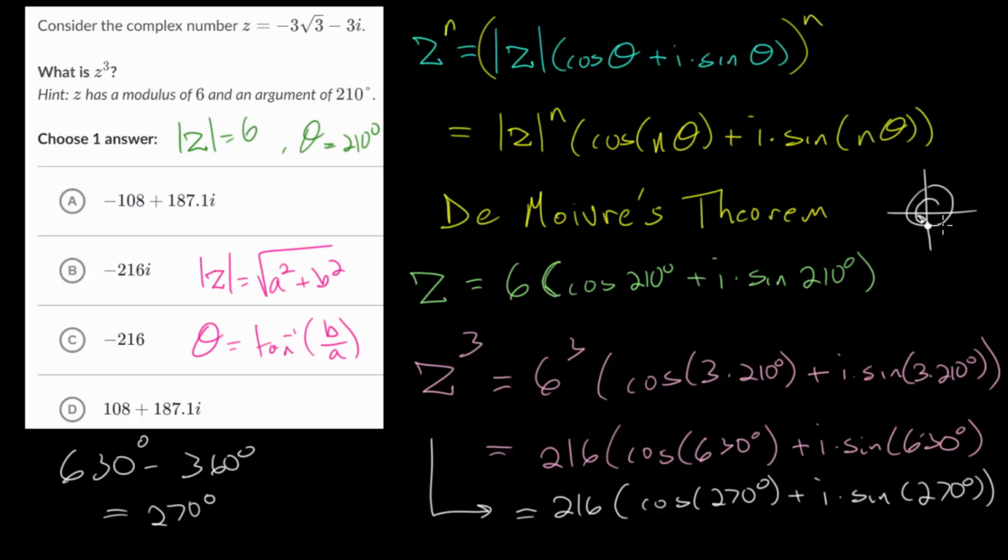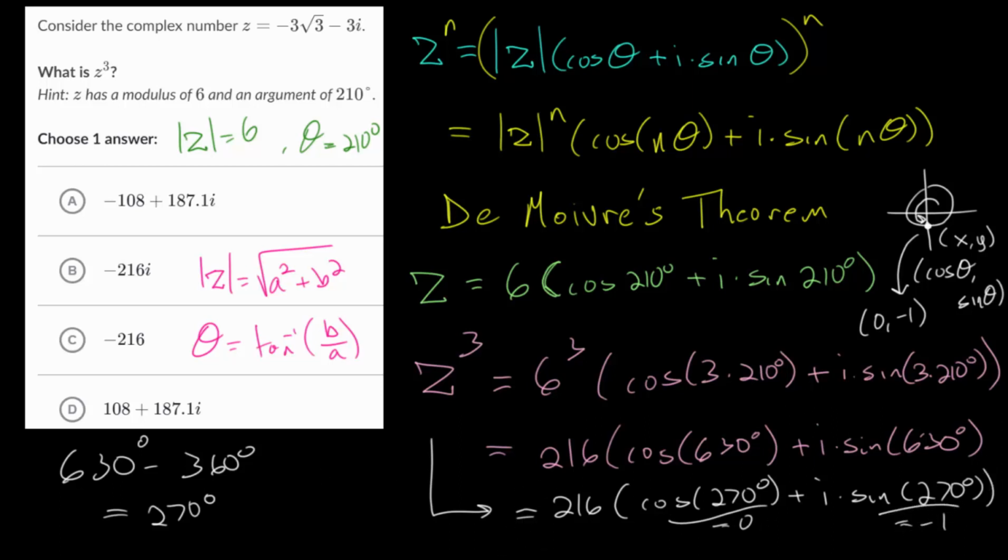And down here, the x and y values we know. On the unit circle, remember the x value is the cosine of the angle, and the y value is the sine of the angle. The x value here is 0, and the y value is -1. Meaning that the cosine of 270 is equal to 0, and the sine of 270 is equal to -1.